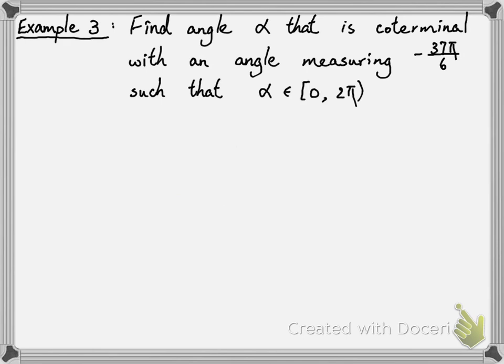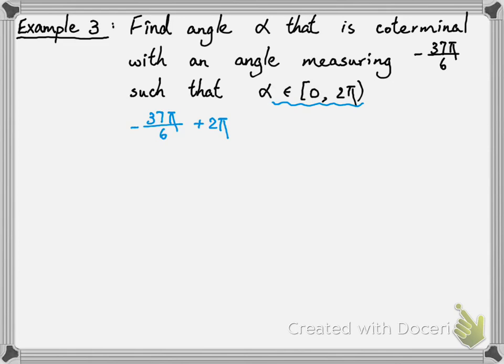Now, example number 3. Find angle theta that is coterminal with an angle measuring negative 37 pi over 6 such that theta is within 0 to 2 pi. We will have the angle negative 37 pi over 6. Keep adding 2 pi until the result falls within 0 to 2 pi.